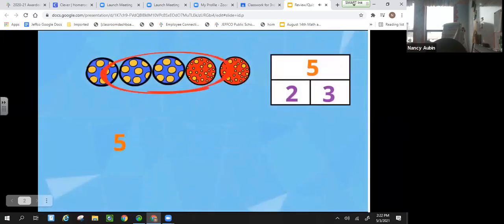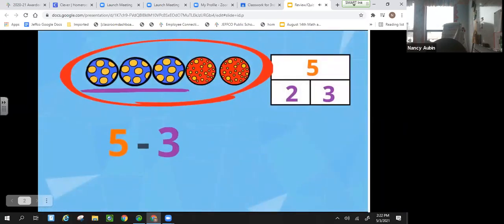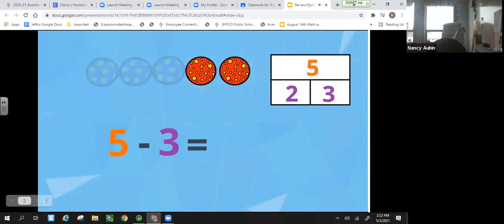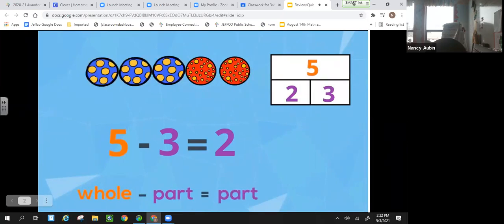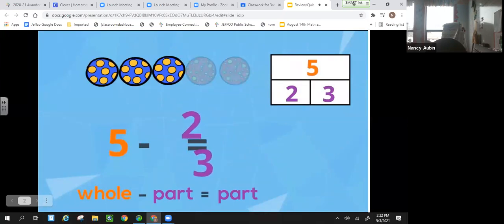If our whole is 5 and we take away the part 3, we are left with the other part, 2. 5 take away 3 equals 2. The whole take away one part equals the other part. Let's try the turnaround. Because we are doing subtraction, we must still begin with the whole, but this time we will subtract 2. We are left with the remaining part, 3.